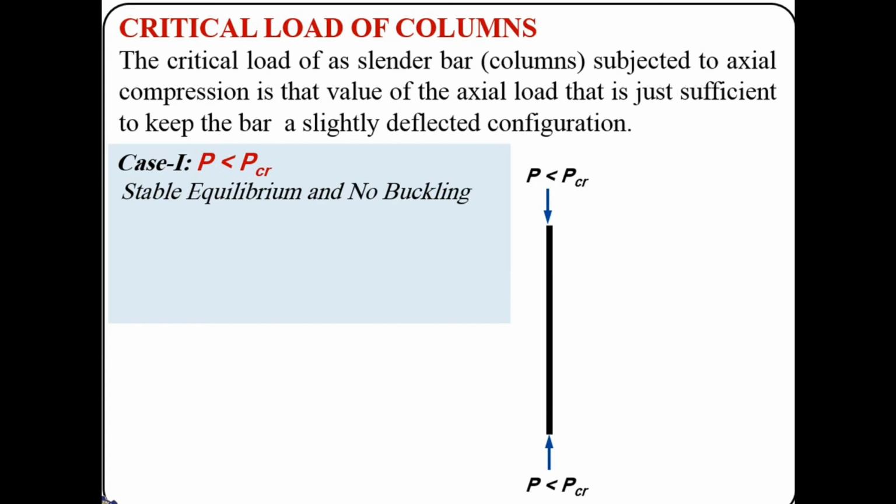It means that if I reduce the load back to 100, the column will again become straight. But again, if I increase the load to 101, I can observe a small deflected shape of the column. At this value, when a column attains a slightly deflected configuration, this load is referred to as the critical load.